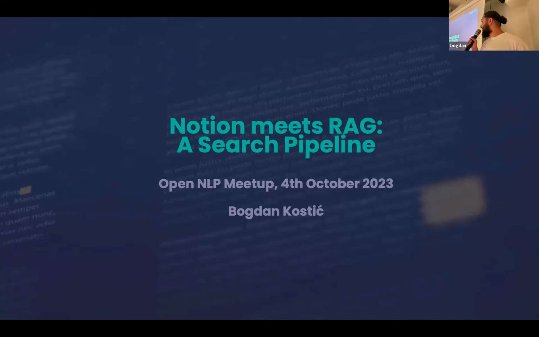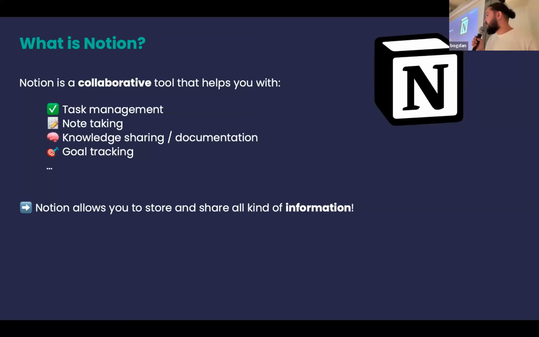The first word of the title is Notion. Some of you might not know what Notion is. Basically, Notion is a collaborative tool that helps you with a lot of different tasks. You can use it for task management, note taking, knowledge sharing, documenting internal stuff, and also for goal tracking.